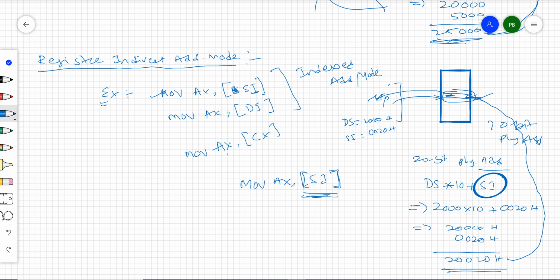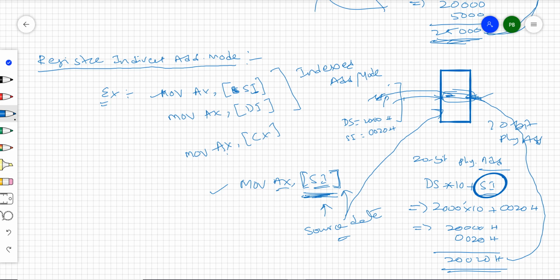So while executing this instruction, for the source data, the processor internally calculates the 20-bit physical address, and it points towards the external memory location in the data segment to get the data into the internal register. That means, for the source data, the processor is accessing the external memory location by using the data present in the source index register as the offset address to calculate the 20-bit physical address.